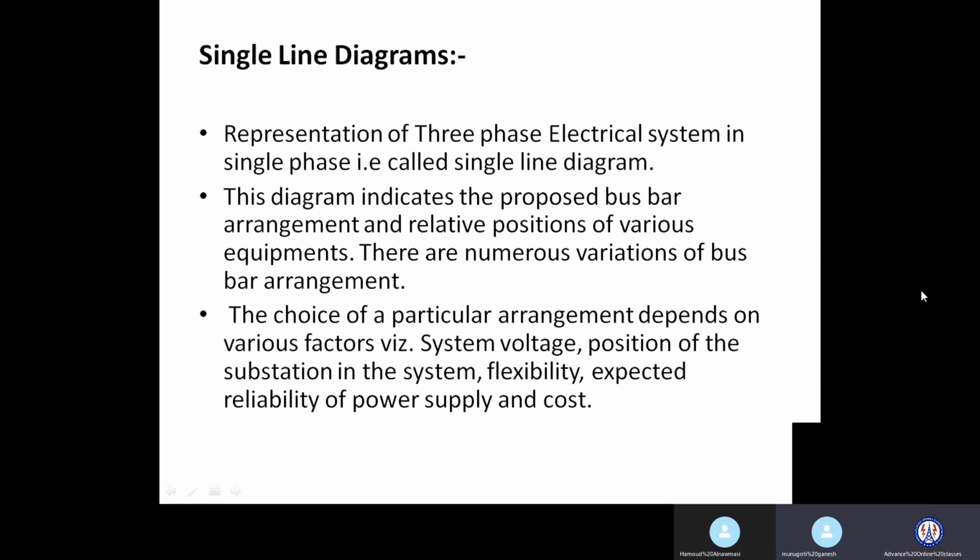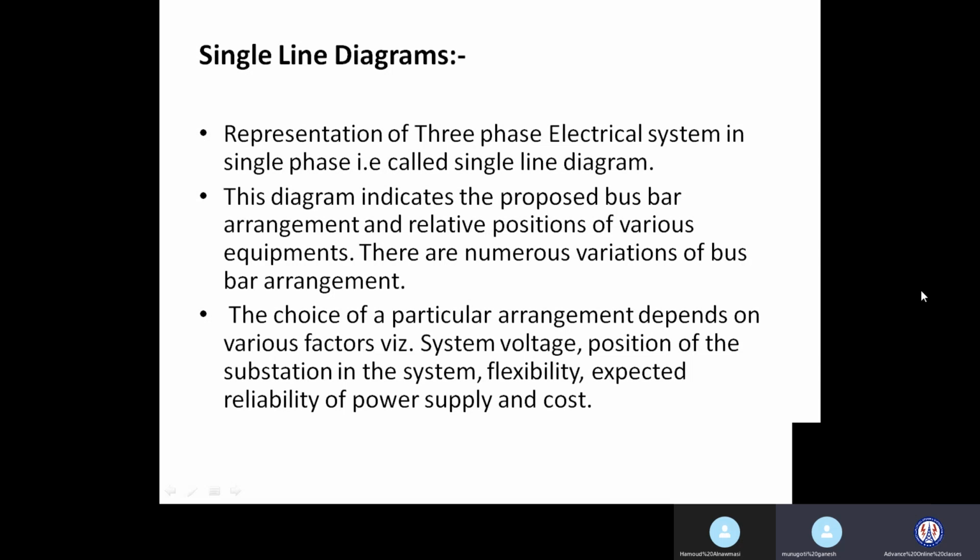Then again 33 kV system, fault current 31.5 kA, duration time 1 second. The next one is 66 kV system, fault current 31.5 kA, duration time 1 second.